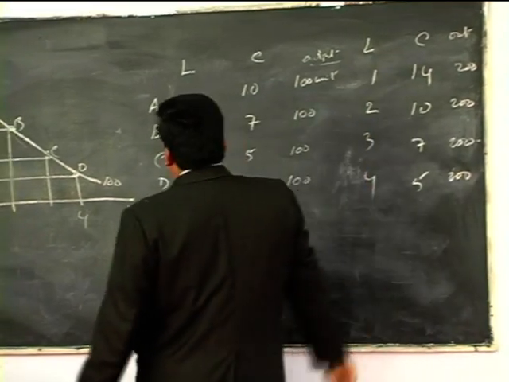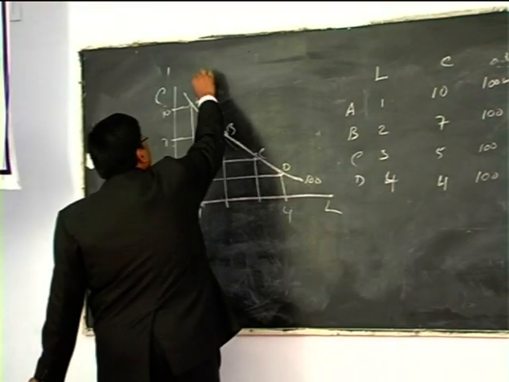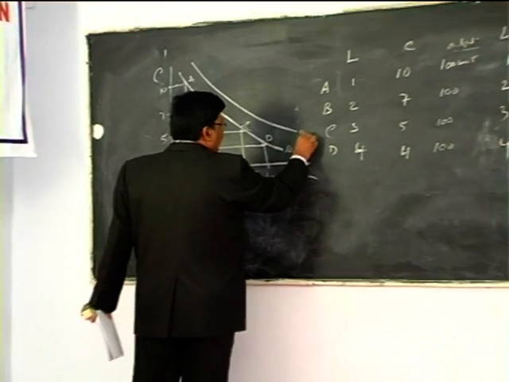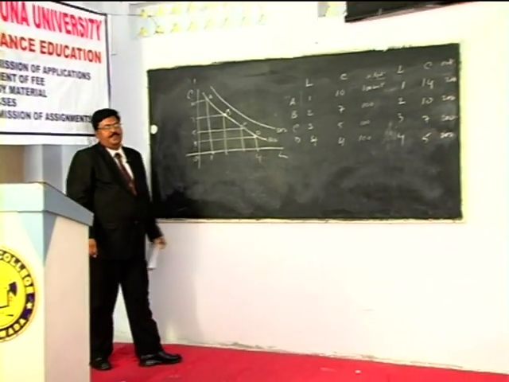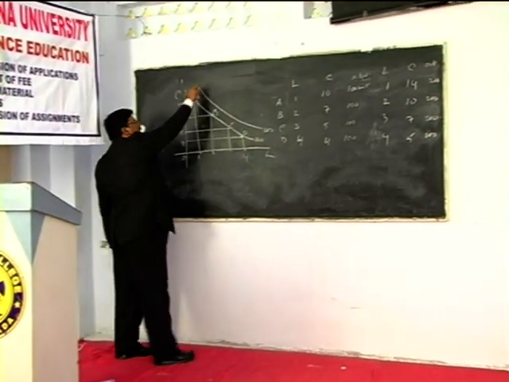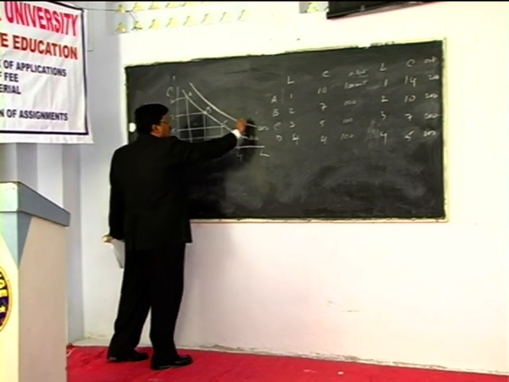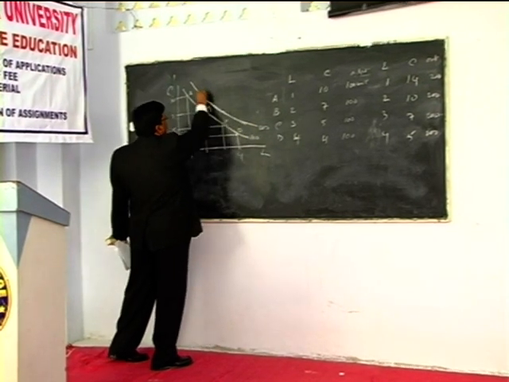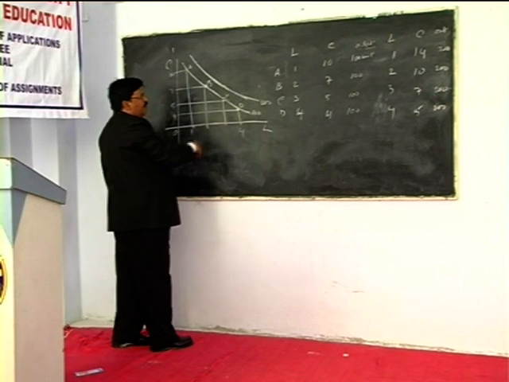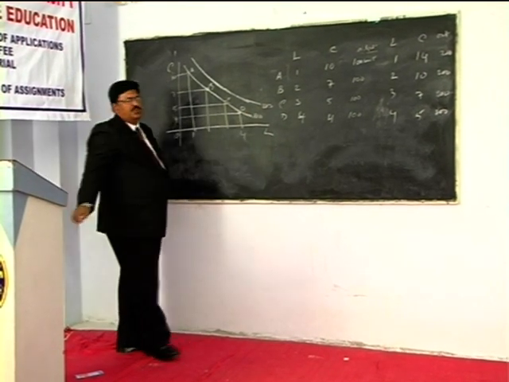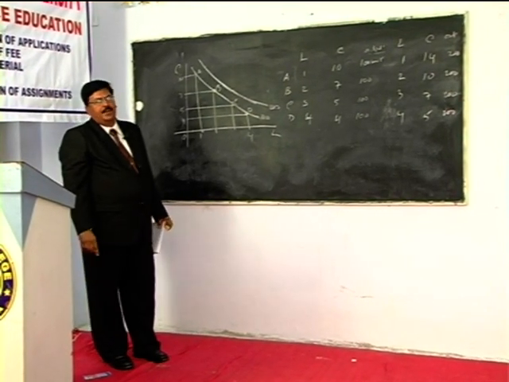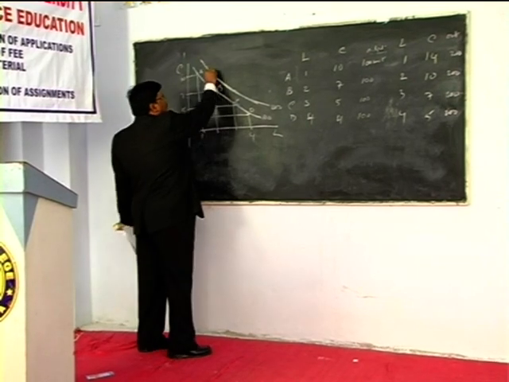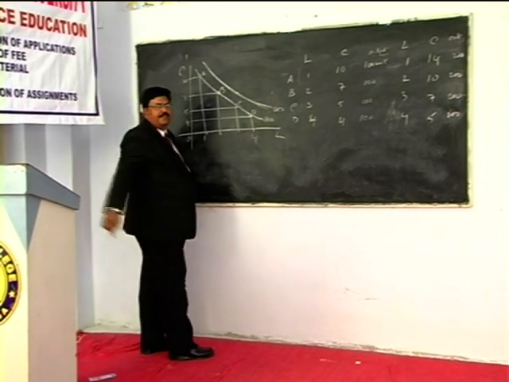This is the isoquant for 200 units, and it will look like this. So if you move along any point on this isoquant for 200 units, each point gives a combination of inputs that can produce 200 units of output. So movement along an isoquant, output remains the same.